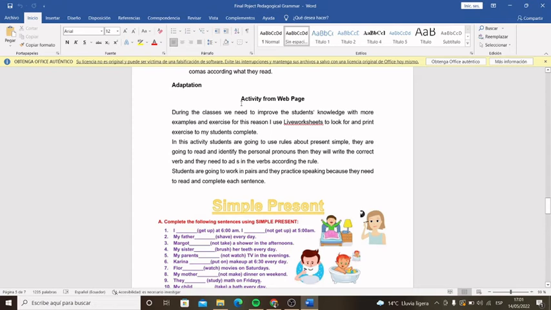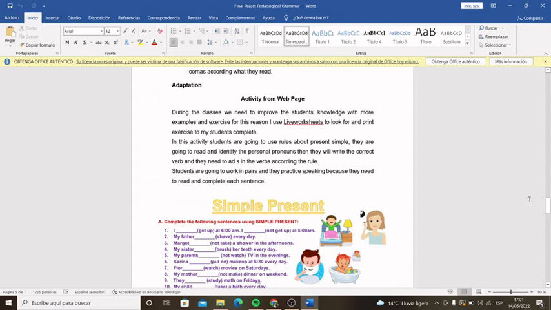Activity from a web page. During the classes, we need students to improve their knowledge, and also we need extra materials in which the students put into practice the class that we learned. Okay, in this case, we chose one worksheet from a worksheets website.